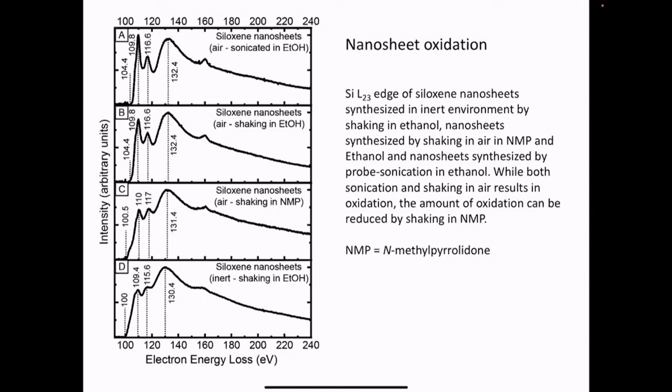This is some EELS data of individual sheets, and using EELS, you can get a lot of information about how much these siloxane sheets or the silicon nanosheets have oxidized over time.